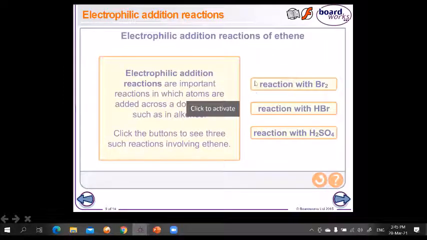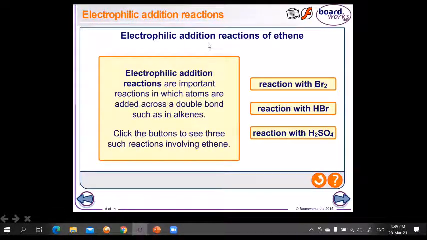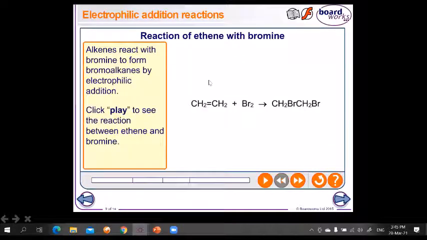Now let's look at this again, the reaction with bromine. An alkene reacts with bromine to form the bromoalkane by electrophilic addition, which we just saw.